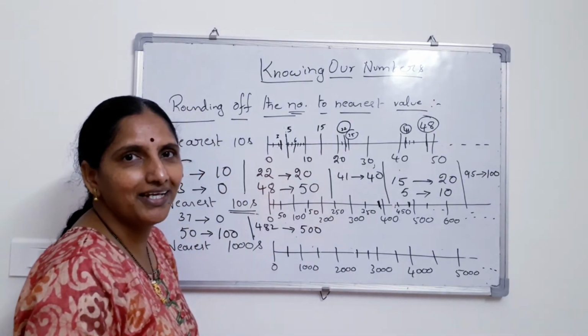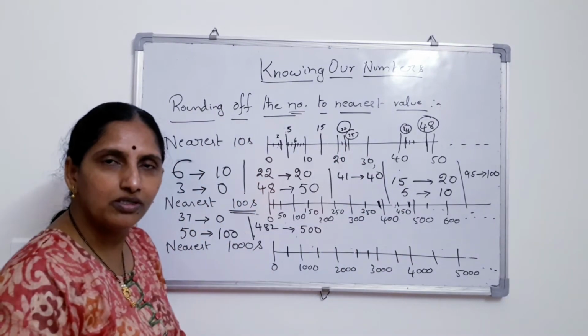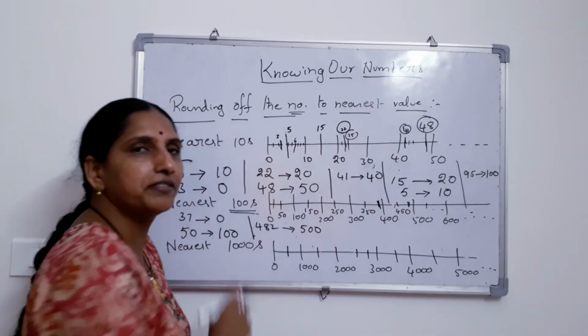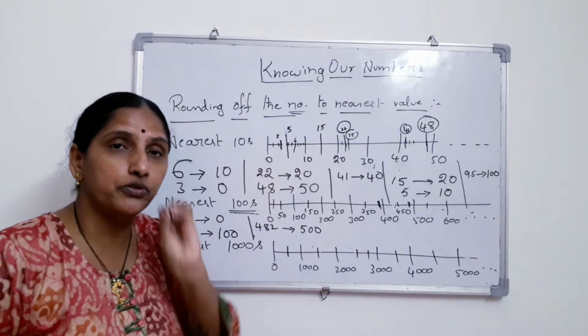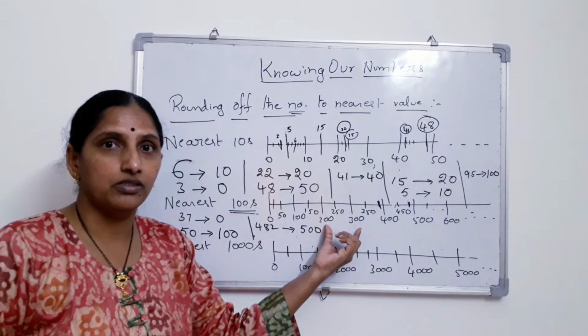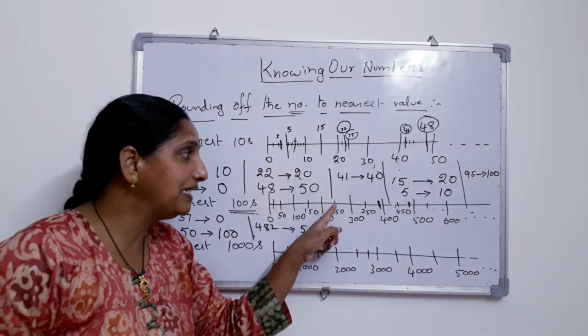So easy, right? So, we always want to have more. Whenever the number which is given to you falls between two particular values, you have to compare with the mid value.